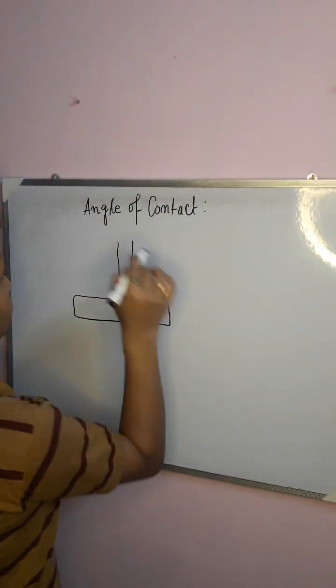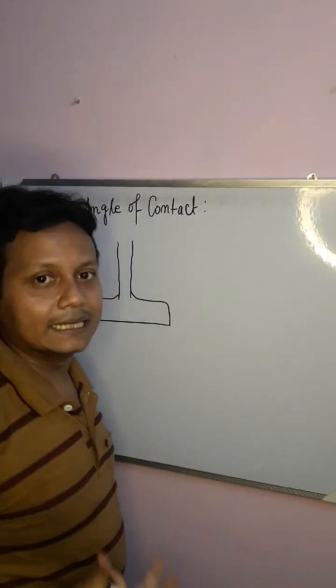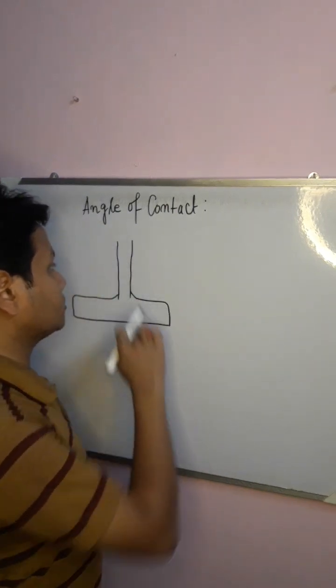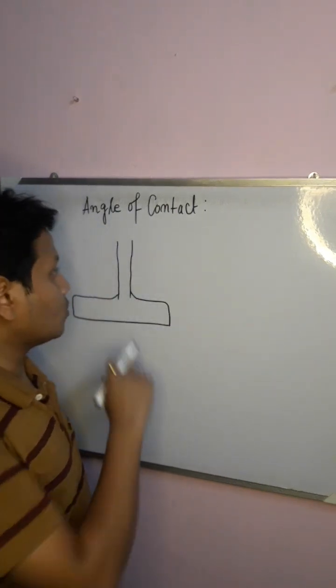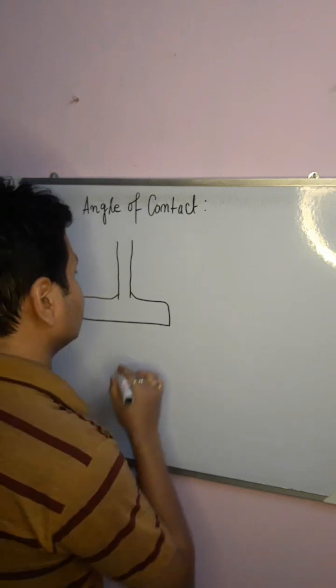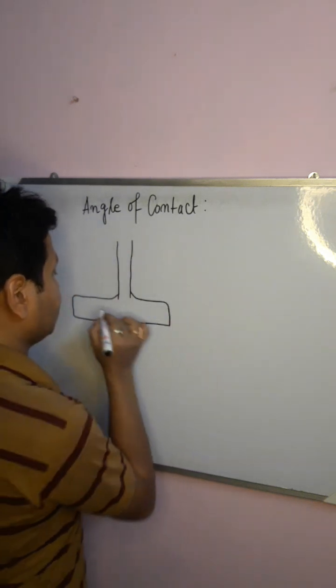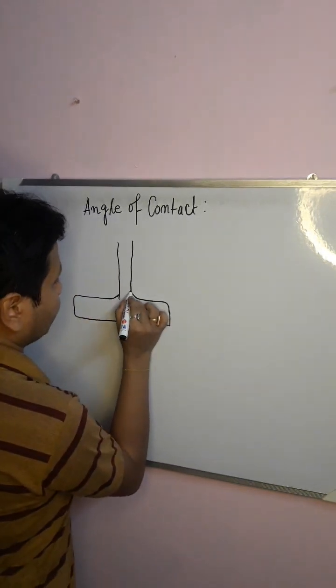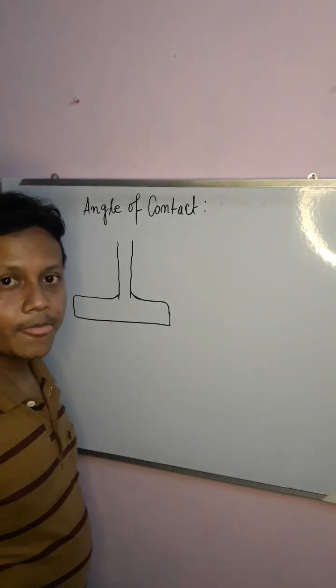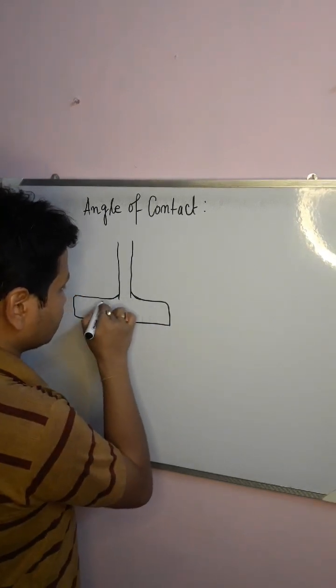If we fill this capillary tube with a liquid that wets the walls of the tube, in that particular case the liquid level gets raised. So it will form a concave meniscus, you see.